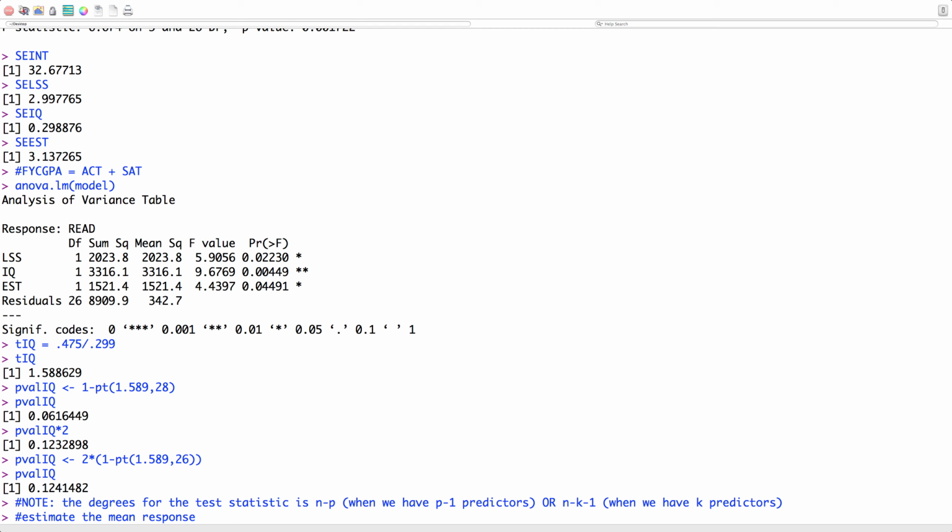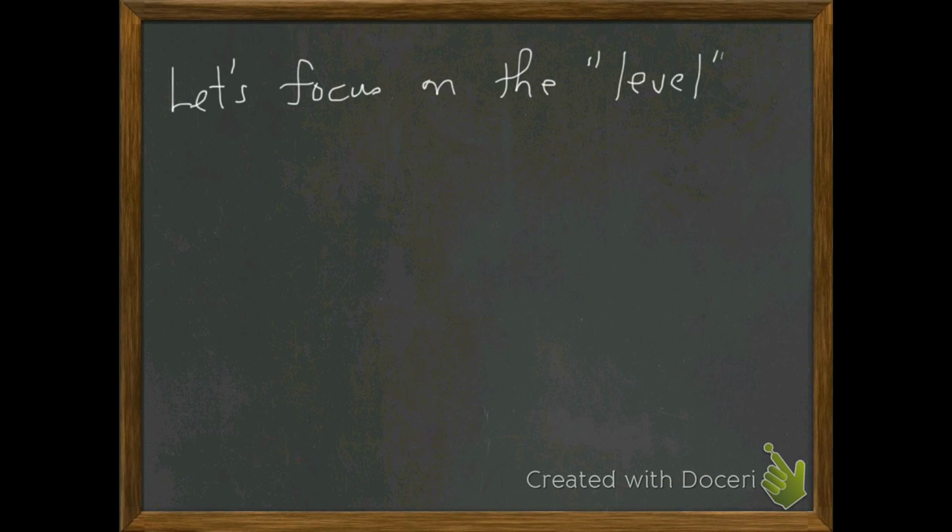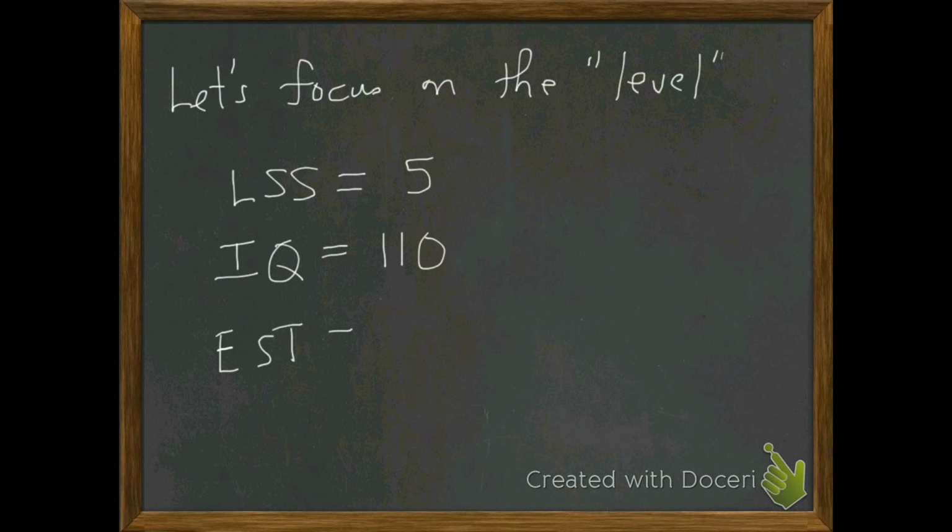So let's say, for example, that we want to focus on the level where someone has an LSS of 5, an IQ of 110, and an EST of, I don't really even remember what these things were.